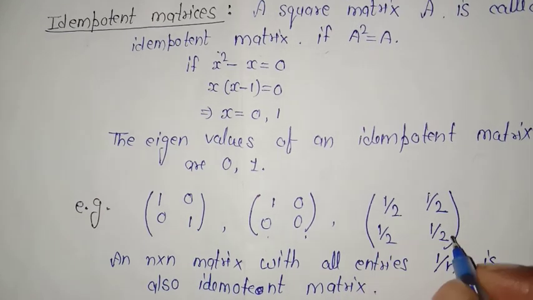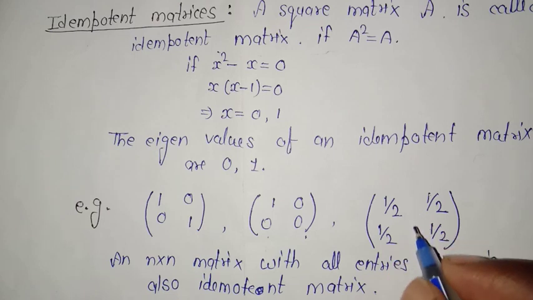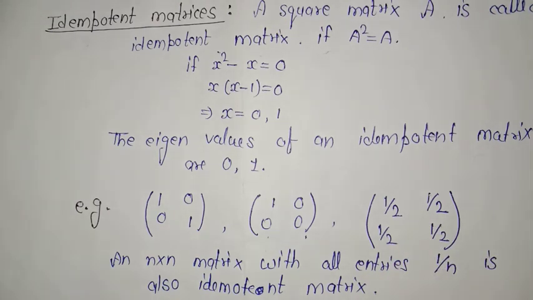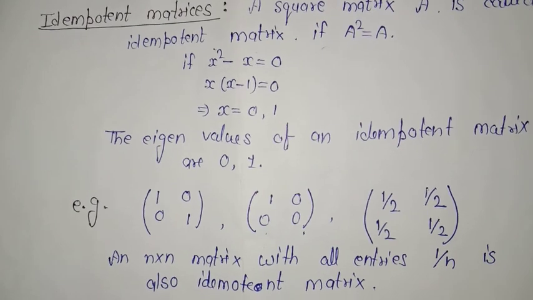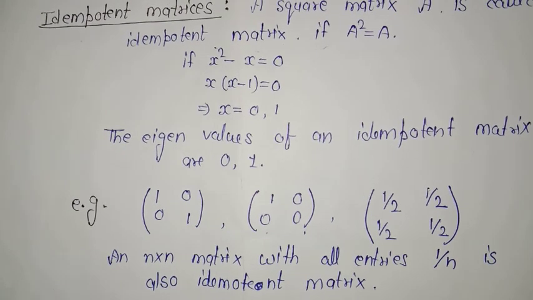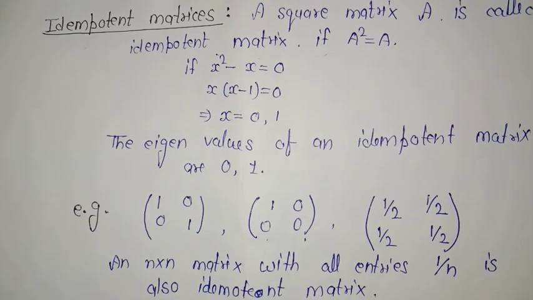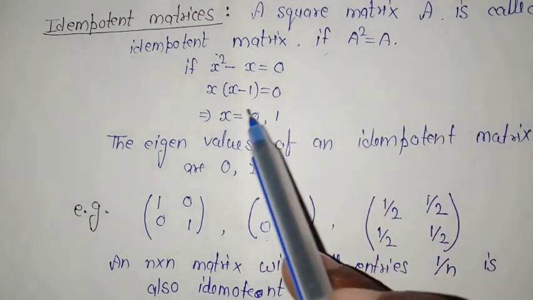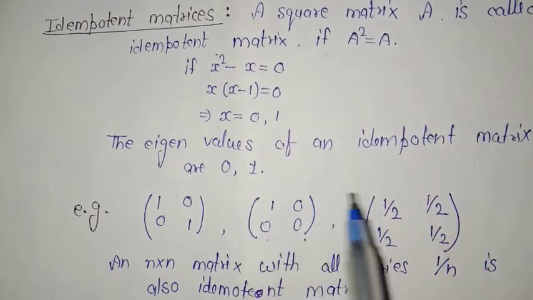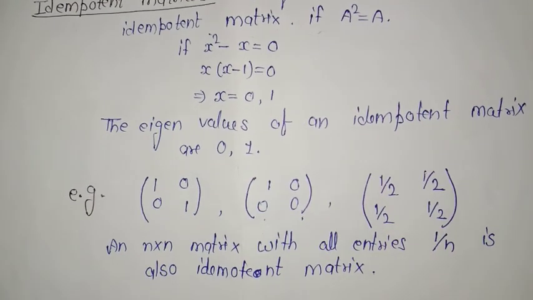For example, here I have taken a 2 cross 2 matrix, so I have to take all the terms as 1 by 2. If I take an n cross n matrix, then I have to take all the terms as 1 by n. So this type of matrices are also called idempotent matrices. So we have discussed the definition of idempotent matrix, its eigenvalues and some of its examples.